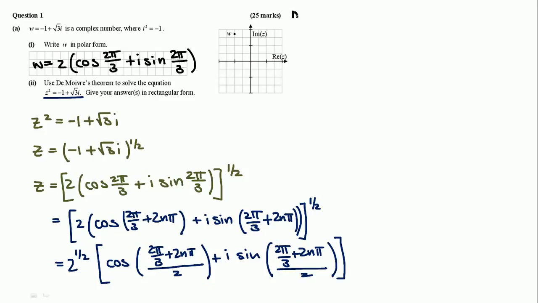So in order to find our two answers, we first of all let n be equal to 0. When we let n be equal to 0, we're going to find the square root of 2 multiplied by cosine pi over 3 plus i sine pi over 3. So just to note, if we look back down at the bottom left hand corner, if n is equal to 0, then I have 2 pi over 3 divided by 2.